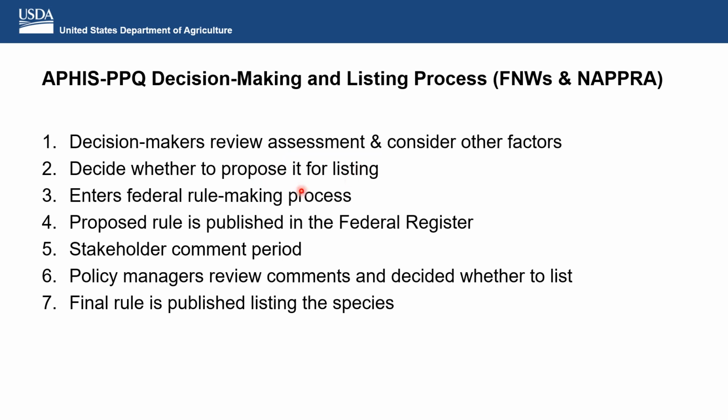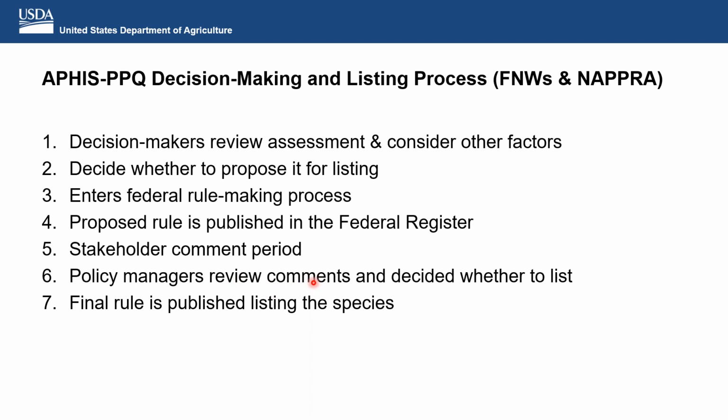If they do decide to list it, it then enters a federal rulemaking process where a proposed rule is published in the Federal Register. Then we invite stakeholders to comment on either the assessment or the proposed rule to list it. We usually give people a period of about 30 to 90 days to comment on the rule.